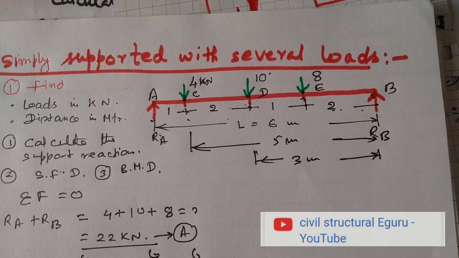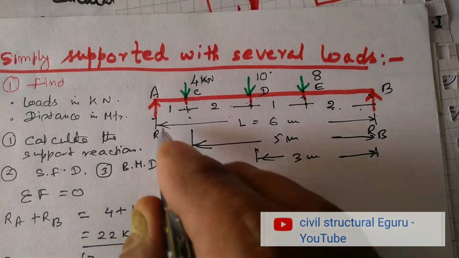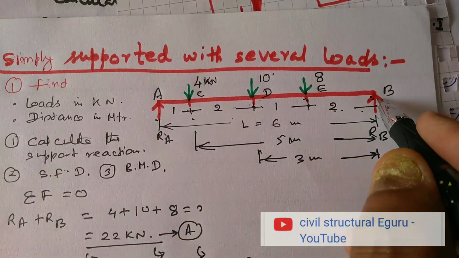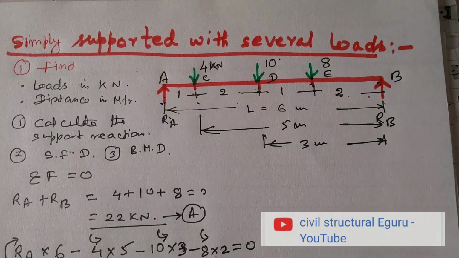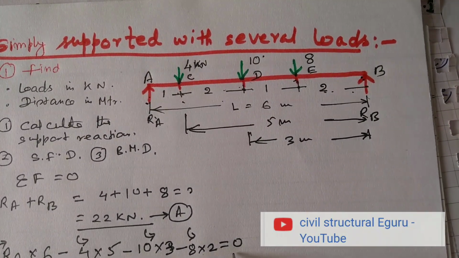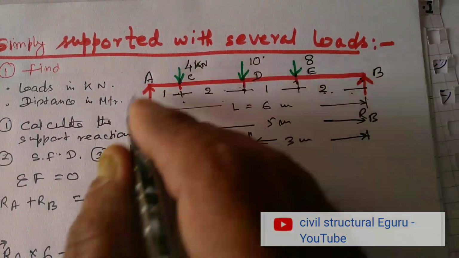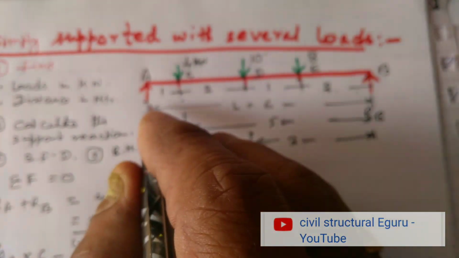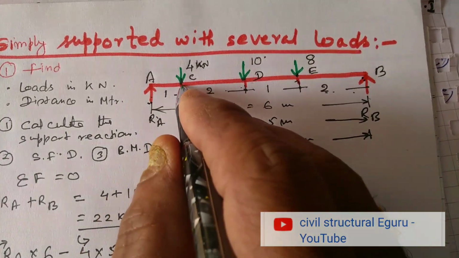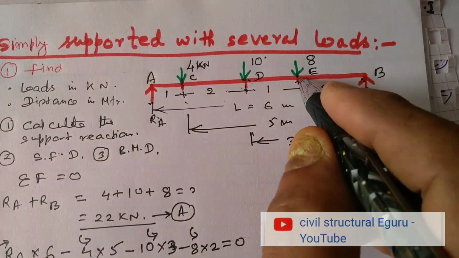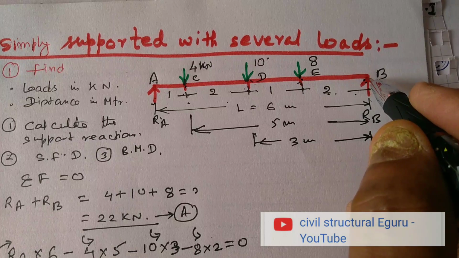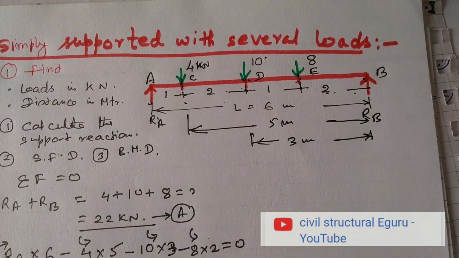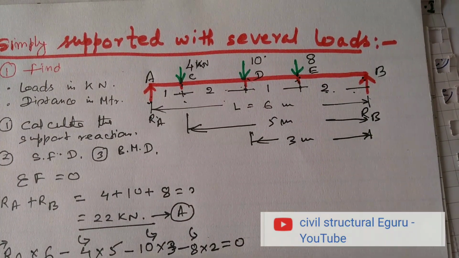Since the moment of all the forces at a point shall be zero as per the law of equilibrium. So the forces are RA, then 4 kilonewton, this 10 kilonewton, this 8 kilonewton. If you take the moment of all the forces about B, then it should be 0.